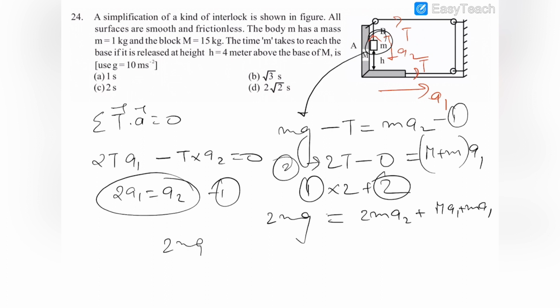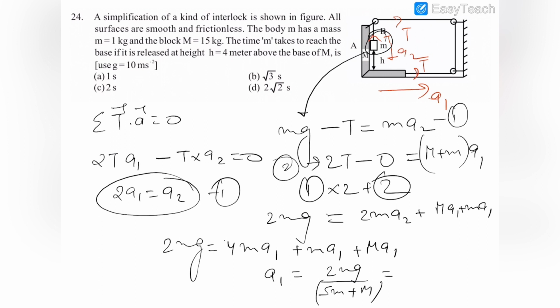So 2mg is equal to 4ma1 plus ma1 plus ma1. So a1 will be equal to 2mg upon (5m plus m).